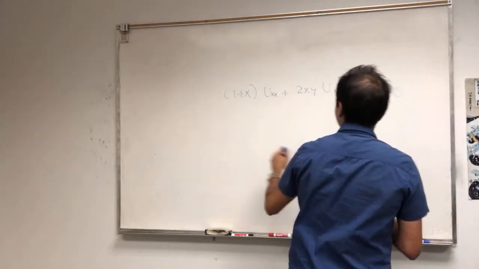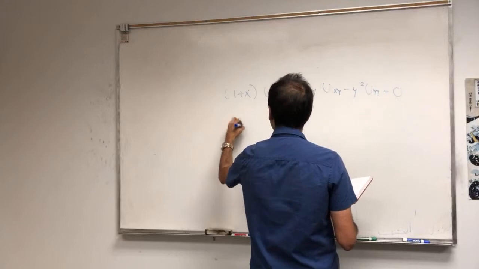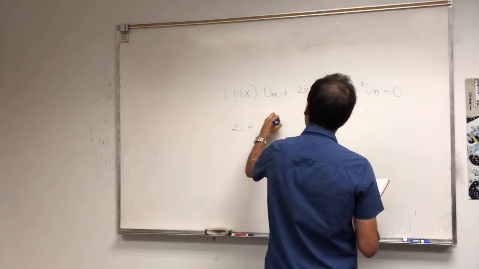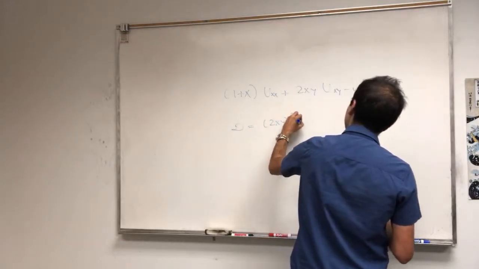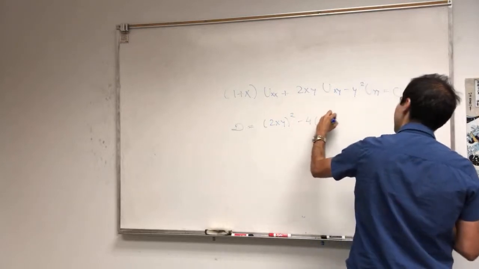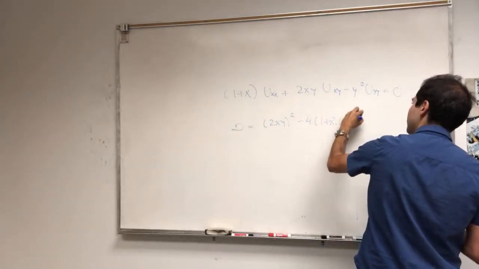And then we can take the discriminant. D is (2xy)^2 - 4(1 + x)(-y^2).